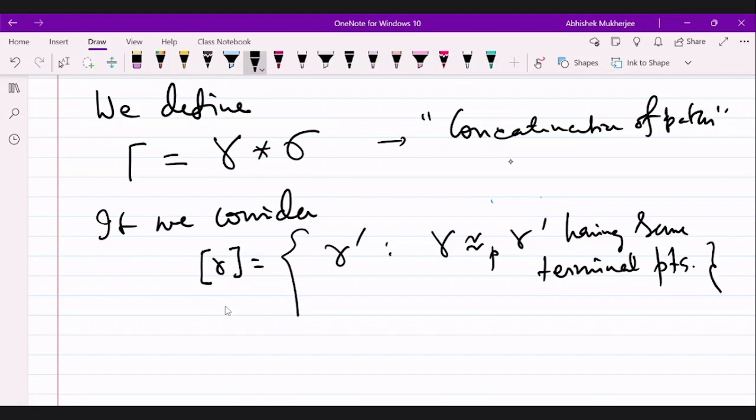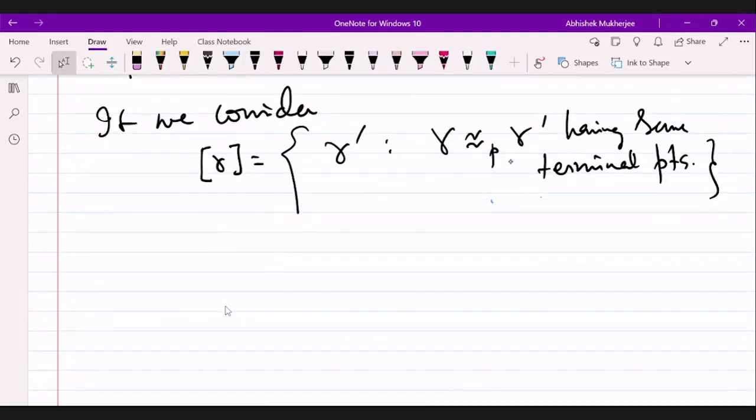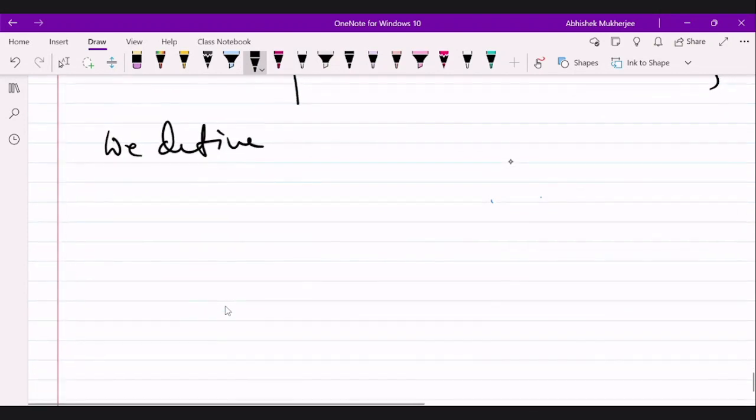So if you consider this class, and the class of sigma, then we define the operation on these two path homotopy classes.